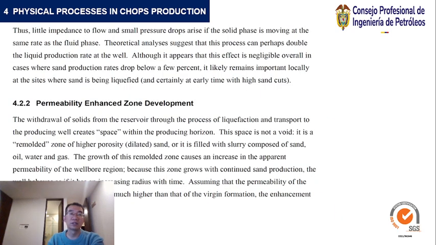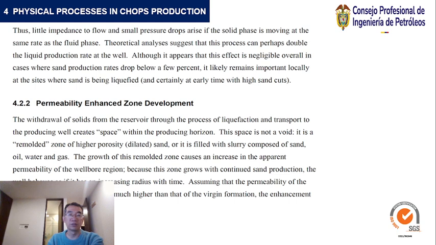Thus, little impedance to flow and small pressure drops arise if the solid phase is moving at the same rate as the fluid phase. Although this effect appears negligible overall where sand production rates drop below a few percent, it likely remains important locally at the sites where sand is being liquefied.